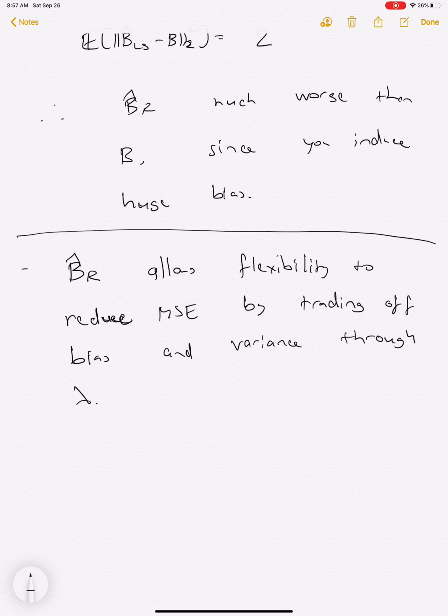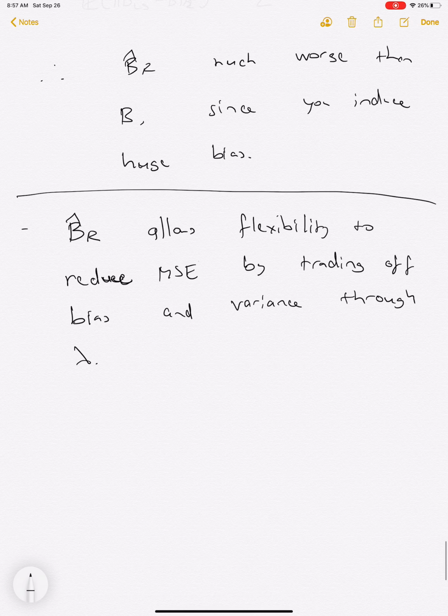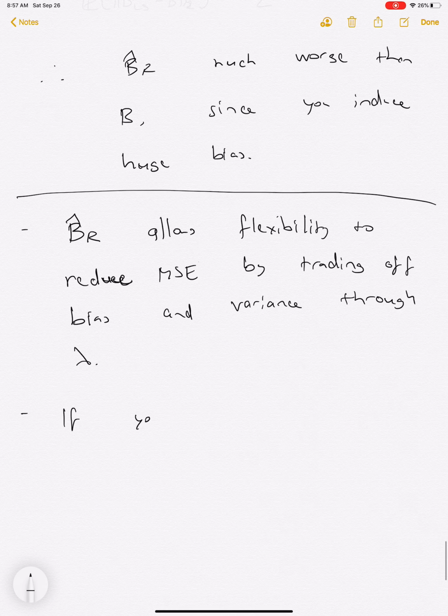Another way to think about it is that there's no real downside to using regularization, because if you don't want any bias, just set lambda equal to 0. And then beta hat R just equals beta hat LS, and so you're not really losing or gaining anything.